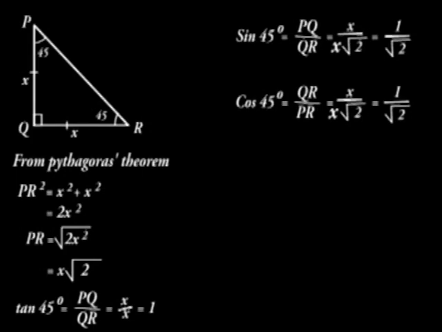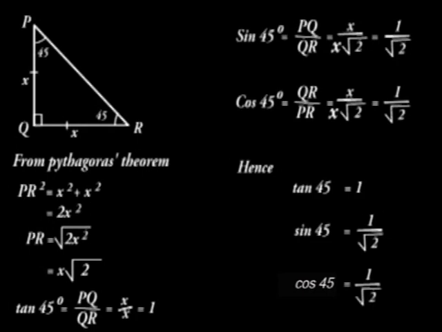Hence, tan 45 is equal to 1. Sin 45 is 1 over root 2. Cos 45 is 1 over root 2. We can see that 45 degrees and 45 degrees are complementary, and that is why their sine and cosines are equal.